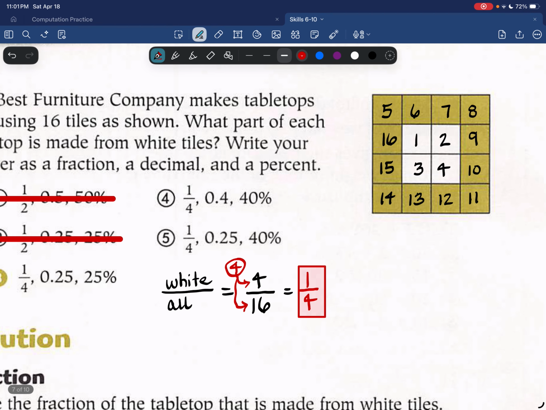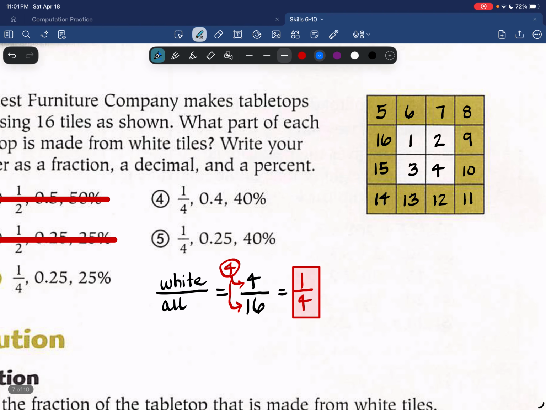So now let's go to the decimal. And to get the decimal, I'm going to say 1, that's my numerator, divided by 4. And 4 cannot go into 1.